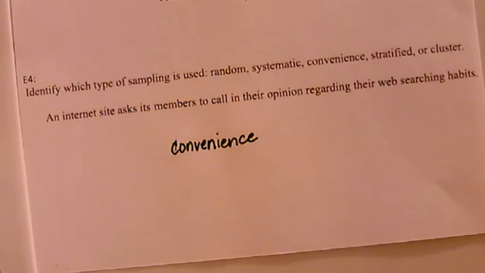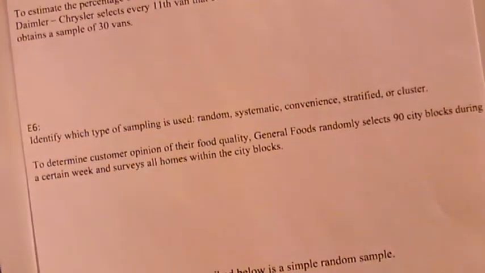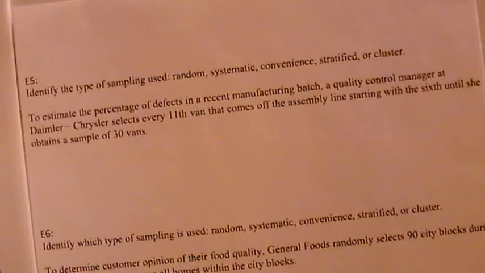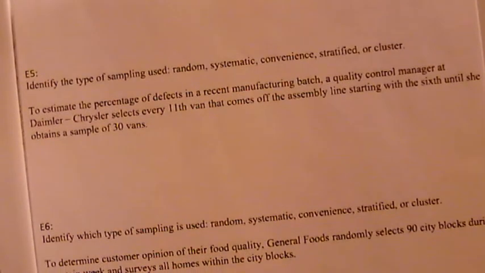Now the next example. To estimate the percentage of defects in a recent manufacturing batch, a quality control manager at Daimler Chrysler selects every 11th van that comes off the assembly line, starting with the 6th, until she obtains a sample of 30 vans. She's starting with the 6th van and will choose every 11th van until she gets a sample of 30.